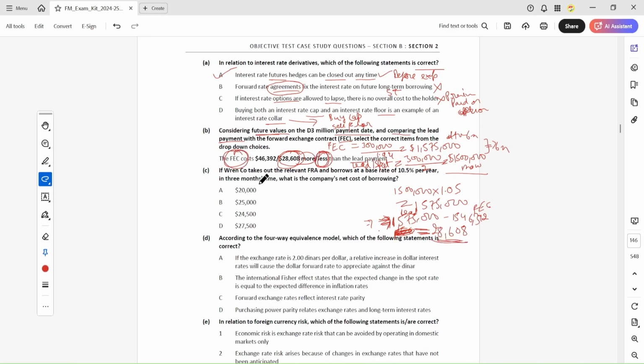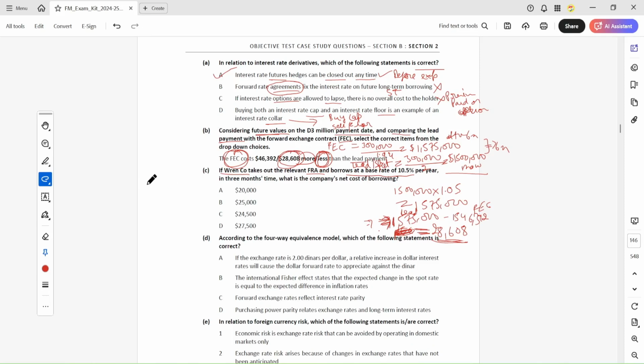Okay. So next, if the company takes out the relevant FRA and borrows at a base rate of 10.5% per year in 3 months' time, what is the net saving of borrowing? Net saving of borrowing.